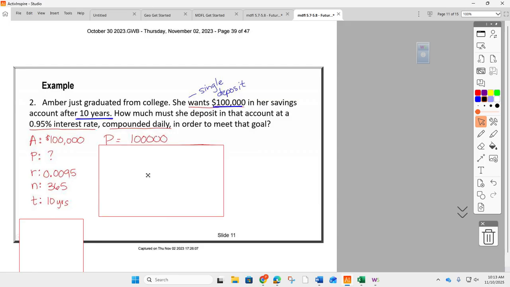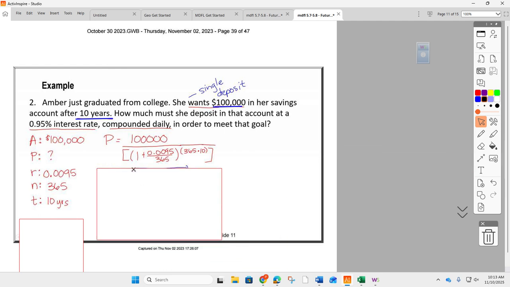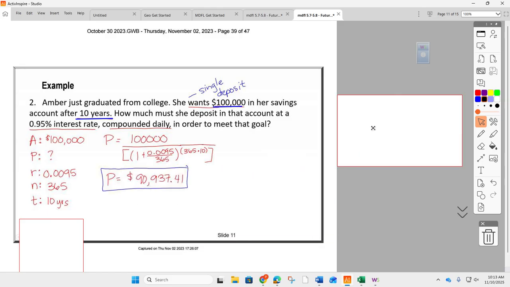And then the denominator, 1 plus the rate divided by the number of times it's compounded, raised to the number of times it's compounded times the time. So if she deposits almost $91,000, in 10 years she will have made a little over $9,000.